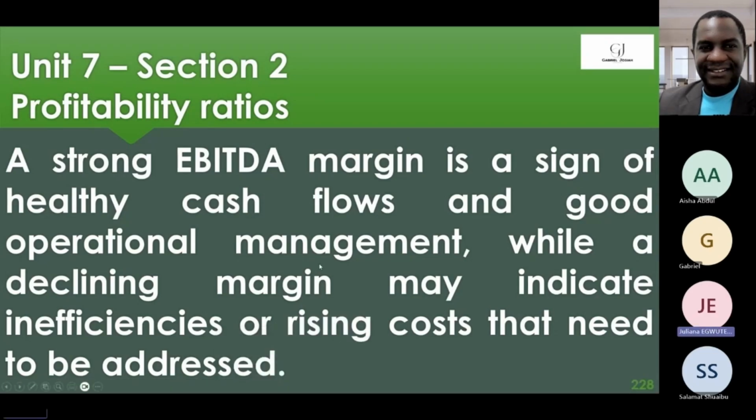Any question on EBITDA? From your description of EBITDA, I really don't know why it should be a big measure of measurement. It's a big issue of measurement because finance cost is an issue and it depletes the profit. So left to me, the net income should be the best. I don't know why EBITDA should be.